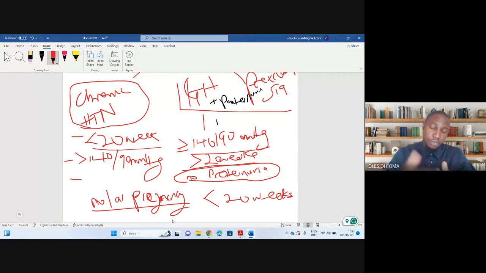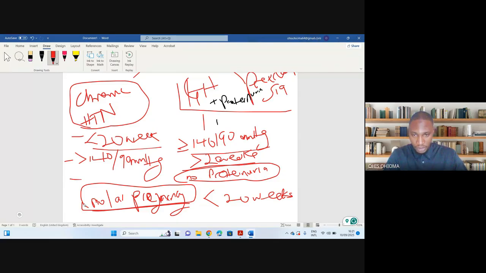But prior to when the patient got pregnant, the patient was not hypertensive. The patient was not proteinuric, right? But less than 20 weeks, the patient is now hypertensive. If you want to query any cause, you should do an ultrasound scan to confirm that this patient does not have a molar pregnancy.